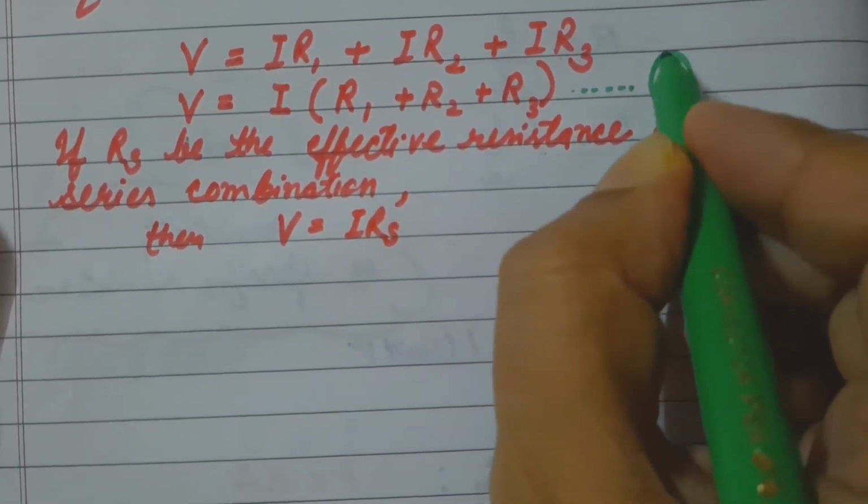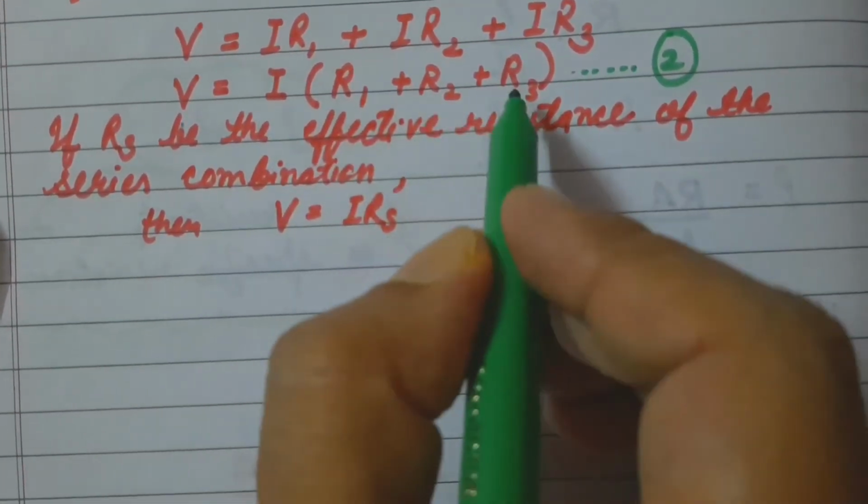This is equation 2. V equal to I times R1 plus R2 plus R3.